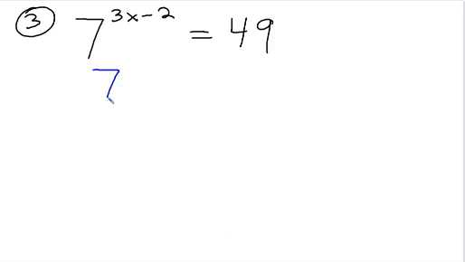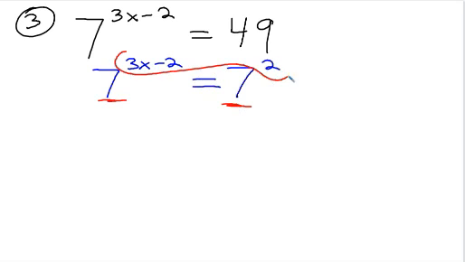I should have written my next line as 7 to the 3x minus 2 equals 7 to the second. And now that I've got the same bases, I can set the exponents equal to each other. 3x minus 2 equals 2, and we do our algebra to solve it.